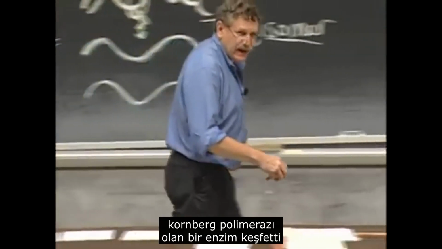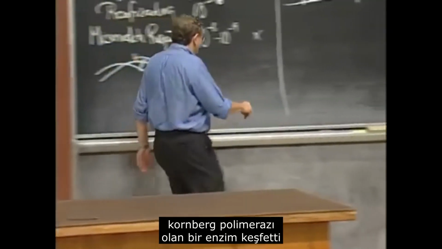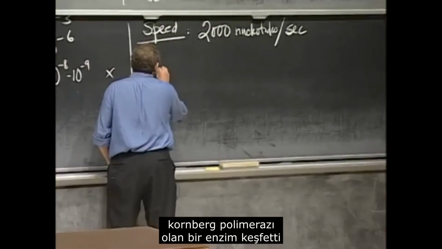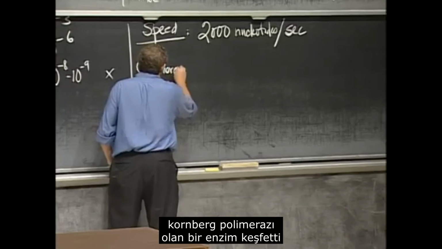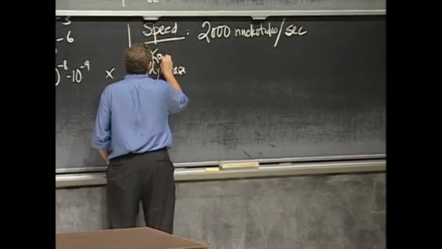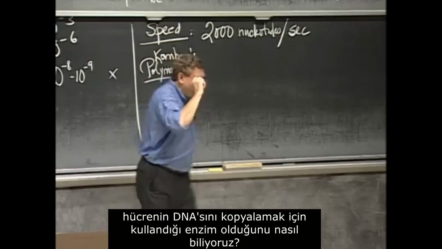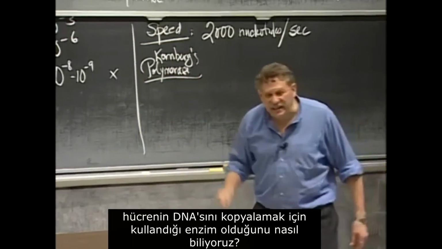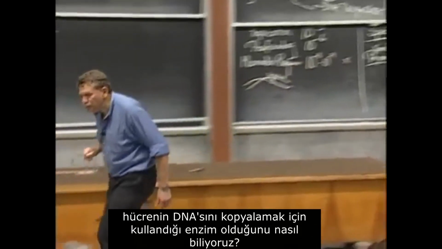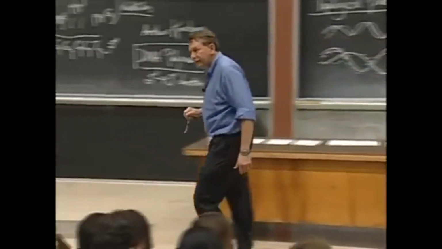He discovered an enzyme, polymerase, Kornberg's polymerase. How do we know it's the enzyme the cell actually uses to copy its DNA?